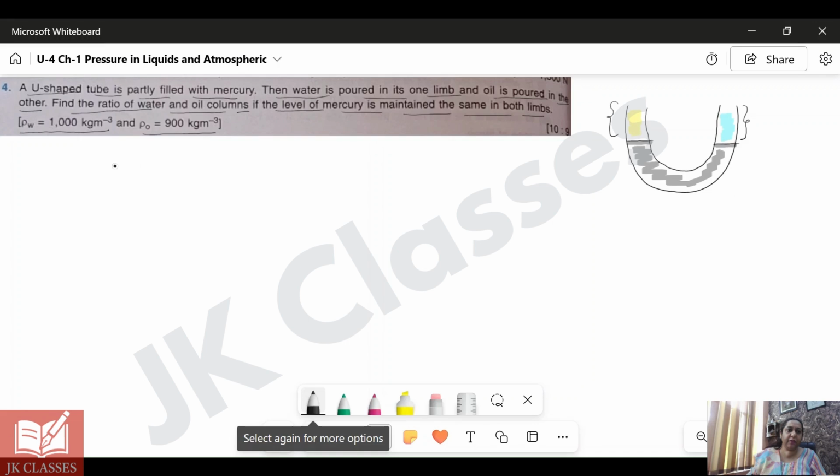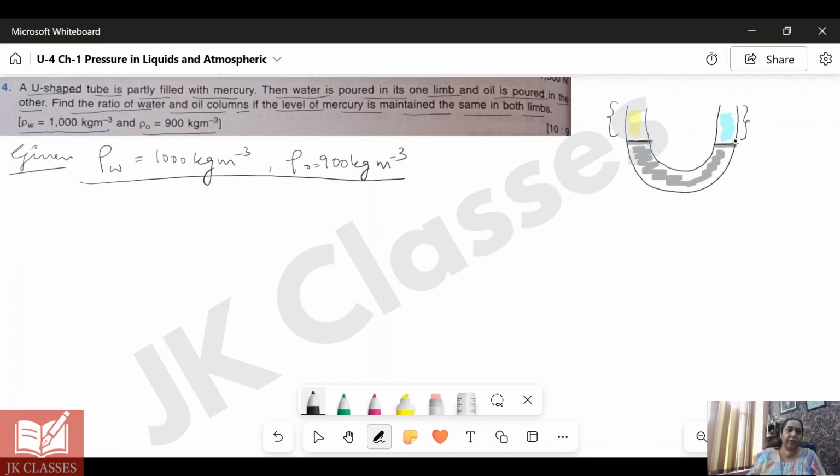Alright, let us begin. We've been given the density of water and density of oil. Here we have to understand that for mercury to maintain its level, the pressure from this side has to be equal to pressure from this side. That means the pressure put by water has to be equal to pressure put by oil. Only then will the mercury be able to maintain its level. Alright. So we will equate the pressures from oil as well as water.